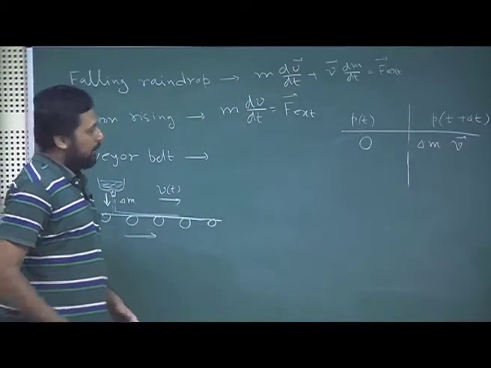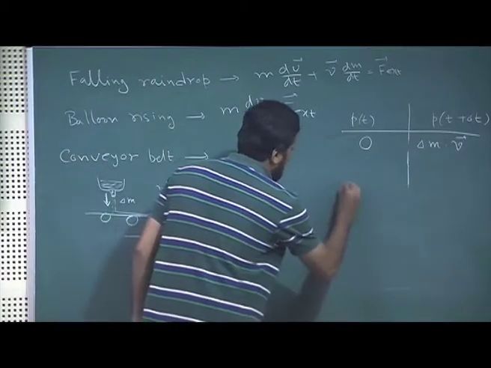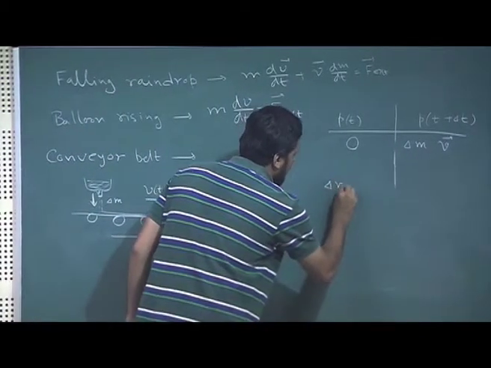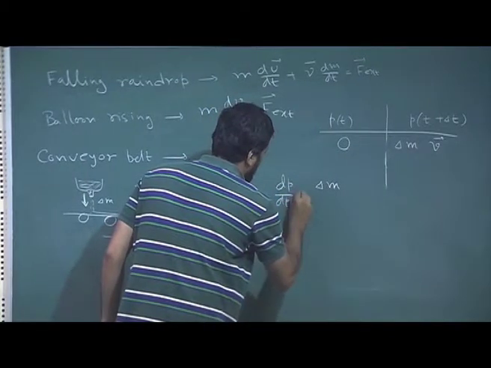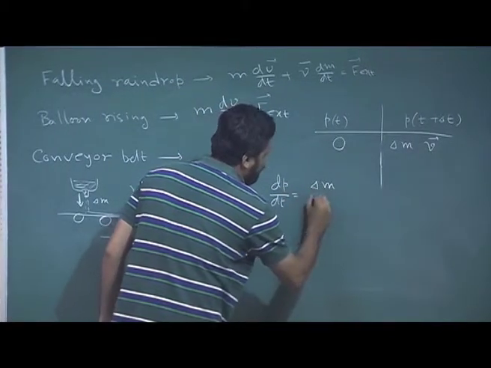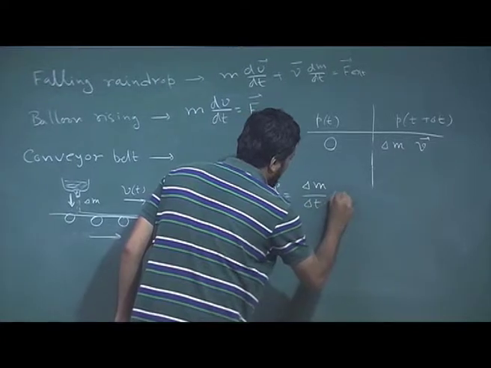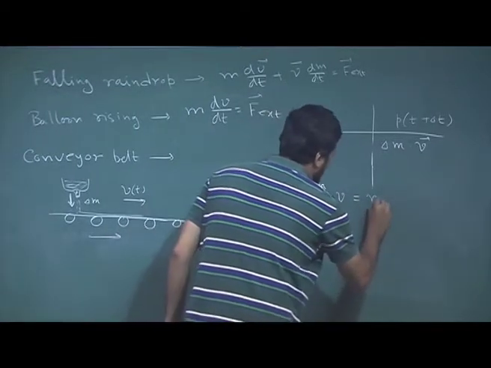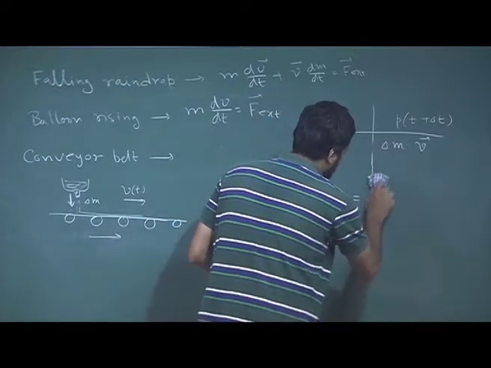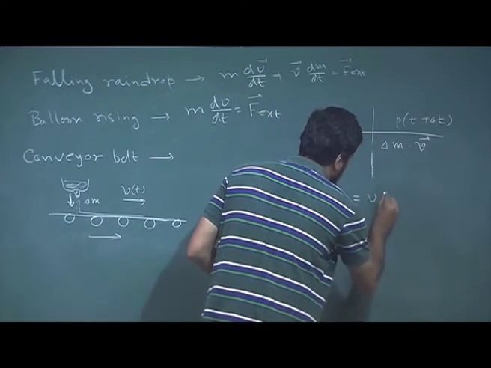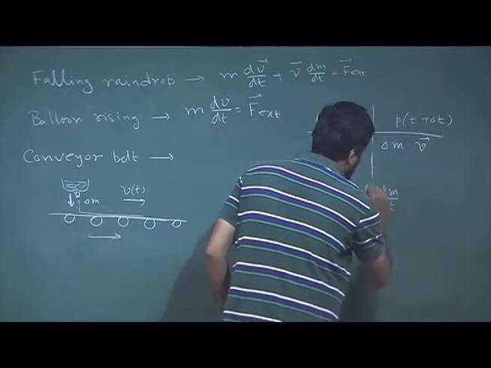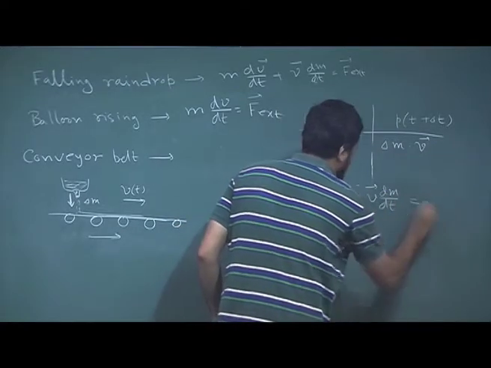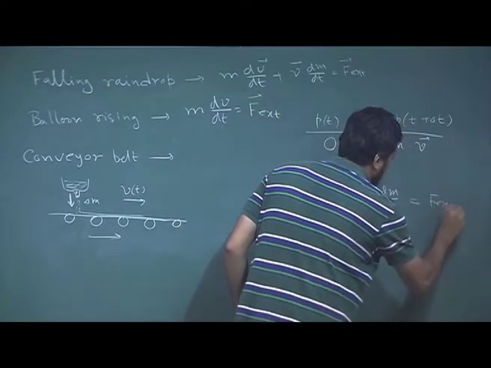So, now we once again construct the equation. Your dp/dt will be the limit as delta t goes to 0 of delta m times v over delta t, which will be simply v dm/dt, which will be F external.